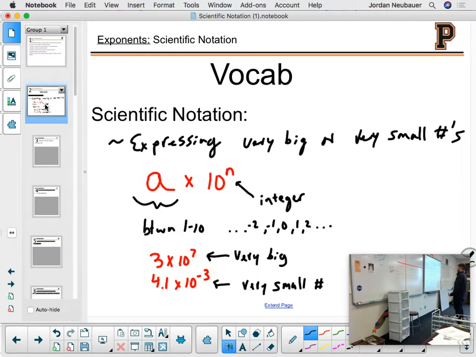So that's a really big number. Typically, scientists will use this type of notation for, let's just say, distance from Earth to Jupiter, or another scientist might use it to measure the width of a cell, which would be a super small value, but we still have to be able to represent it.